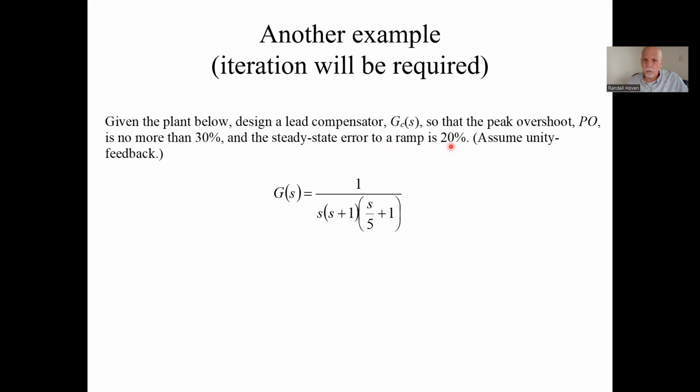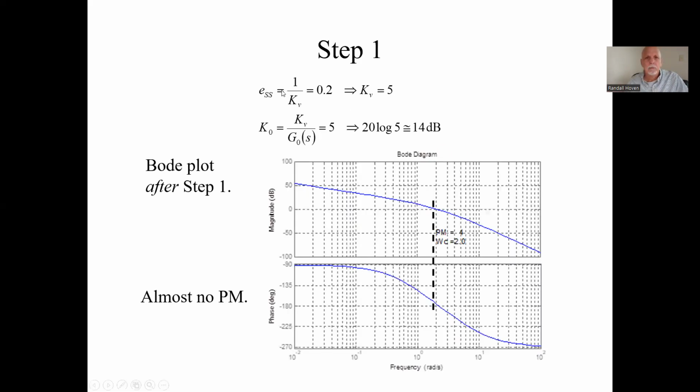We find the K sub naught from the steady state error spec, and we can find that without a Bode plot. Steady state error is 1 over K sub V. That's 20%, or 0.2, so we calculate that K sub V is 5. K sub naught, which we need, is K sub V over G naught evaluated at 0, which was just 1, so we still get a 5.